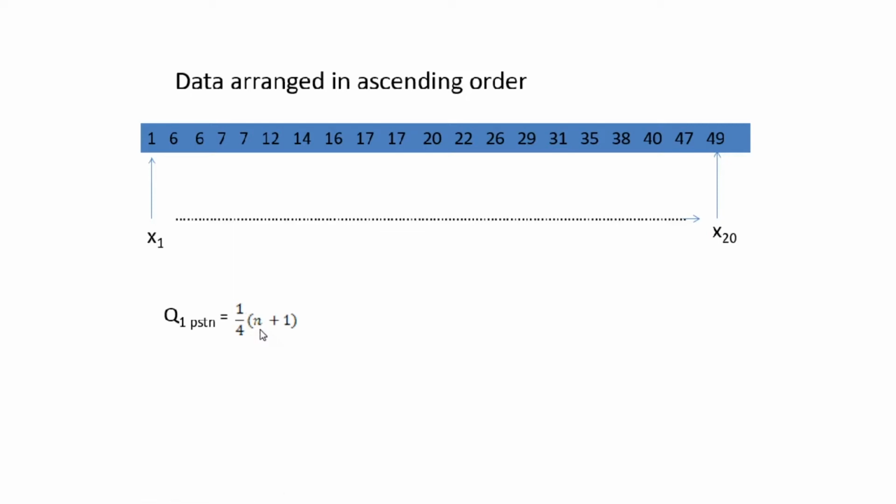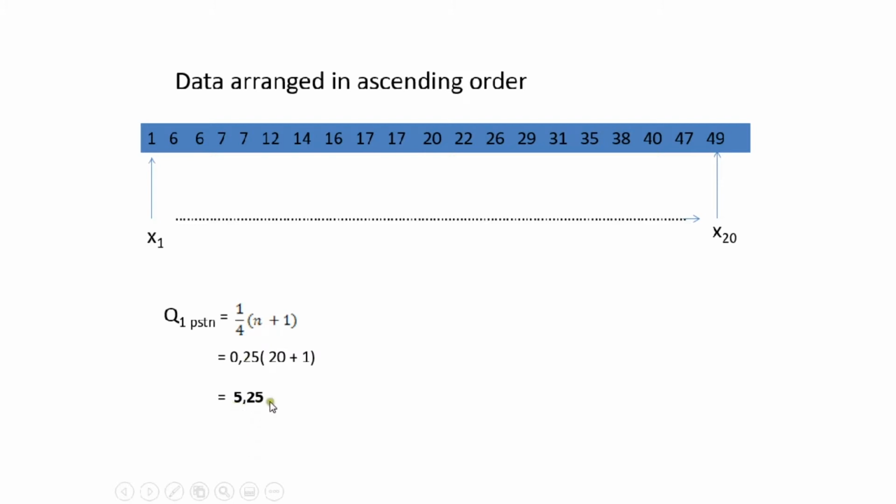If we use this formula to get Q1, the following calculation should be done. You can see here I just changed 1/4 to 0.25. I changed this common fraction into a decimal fraction, but otherwise the calculation is exactly the same.